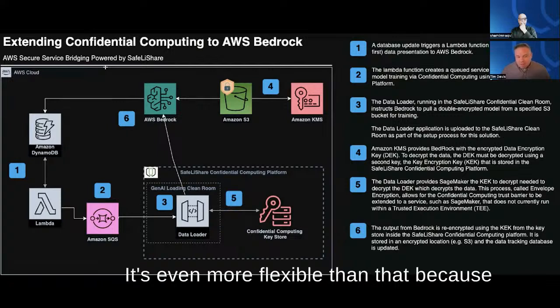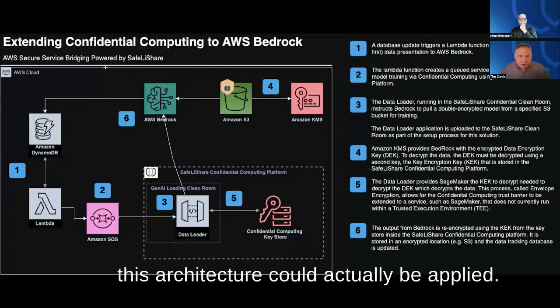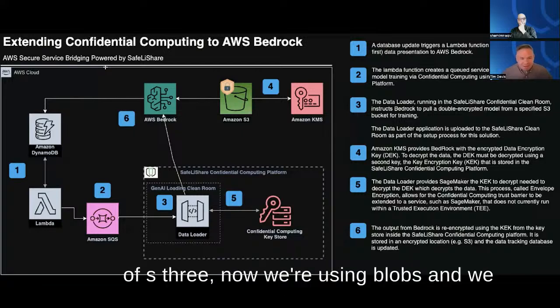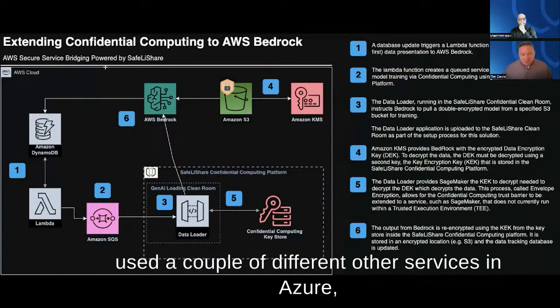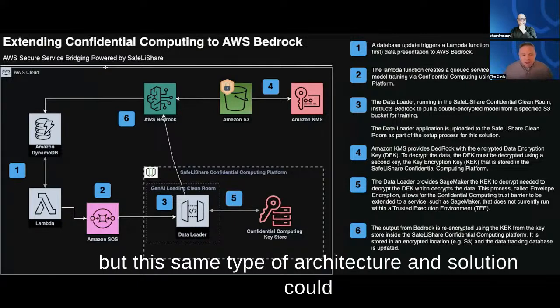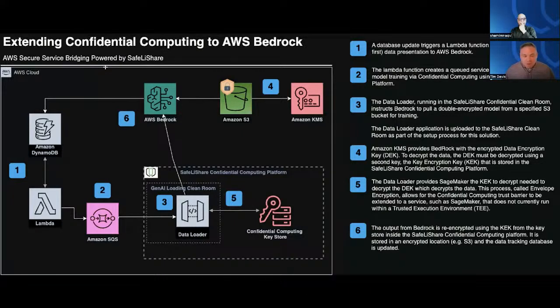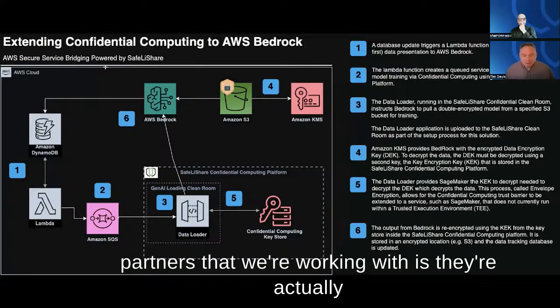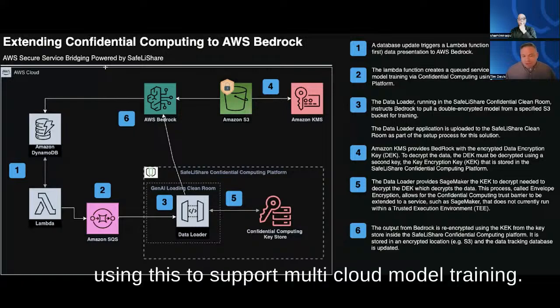And it's even more flexible than that, because this architecture could actually be applied elsewhere. We just changed the service we're using, right? Instead of S3, now we're using blobs, and we use a couple of other services in Azure. But this same type of architecture and solution could be deployed in Azure and Google. So this is very flexible. And in fact, one of the neat things we're seeing with some of our healthcare research partners is they're actually using this to support multi-cloud model training.